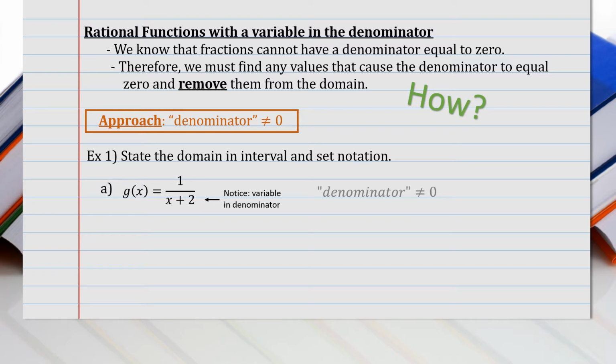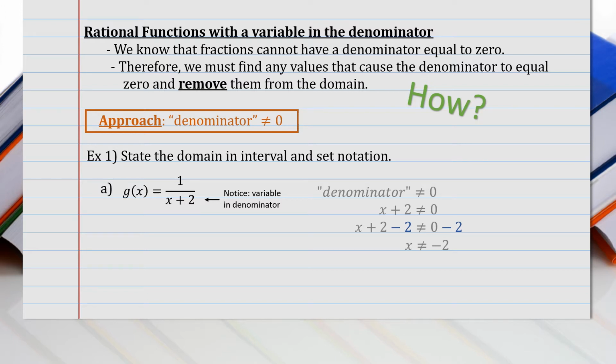In this case, our denominator is x plus 2. So we say x plus 2 cannot equal 0. Now we want to solve for x and try to get x all by itself, which means we need to subtract 2 on both sides. In doing so, we find x cannot equal -2.